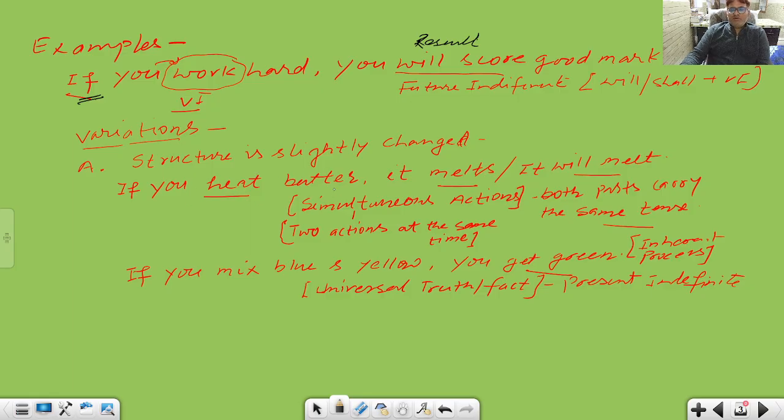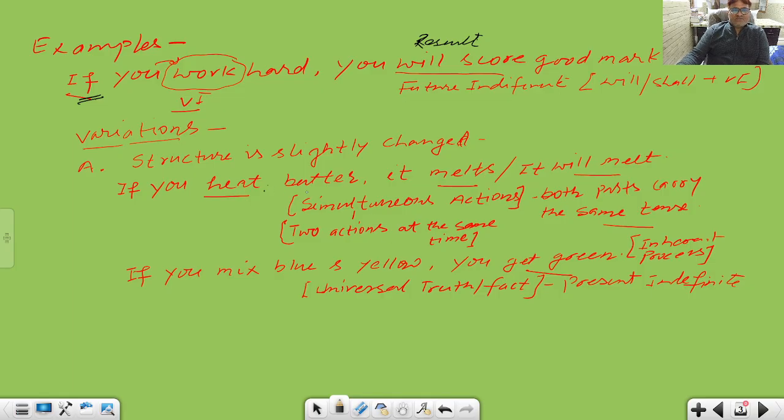If you heat butter, it melts or it will melt. One way, we can use both the parts with present indefinite: heat and melts. Or we can also use it like it will melt, that is future indefinite, like the traditional structure.